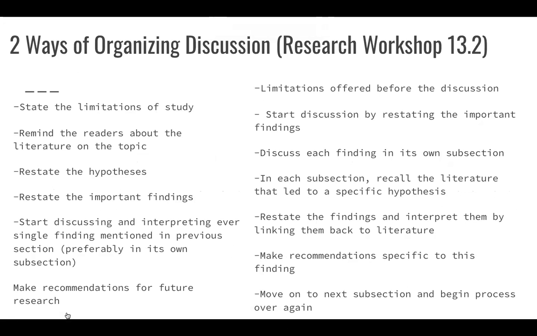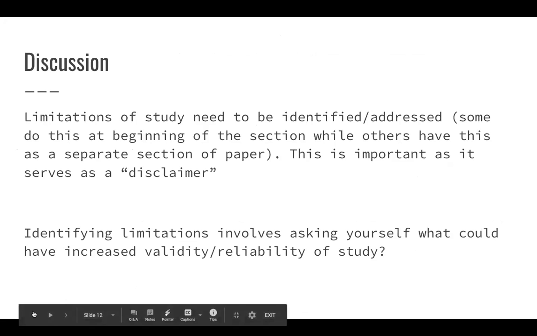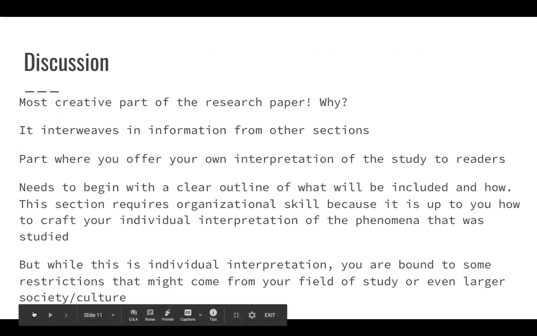And you can see, it depends on how they want to address limitations, which we'll talk about in a second, whether or not it wants to talk about findings individually, or does it want to talk about findings collectively, because that shapes how you then address how you link it to previous research that was discussed in your literature review. So the big thing here is, of course, you just want to make sure that this is organized.